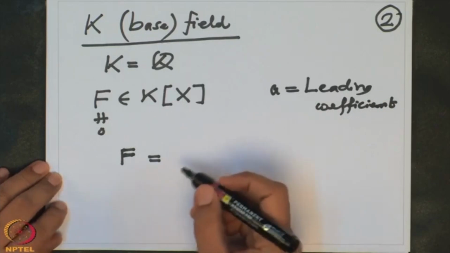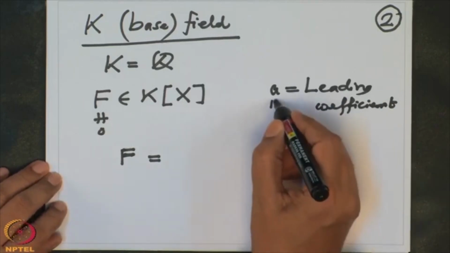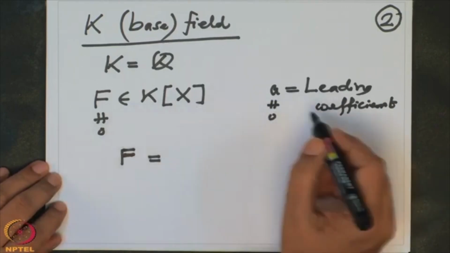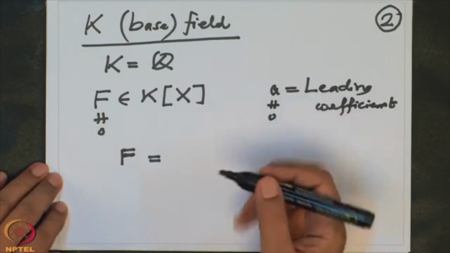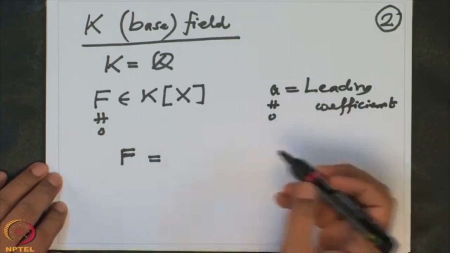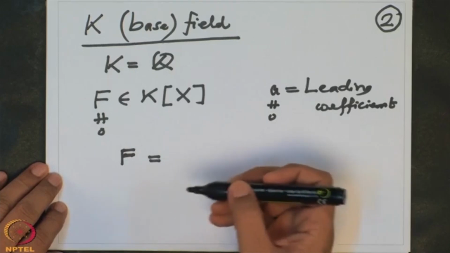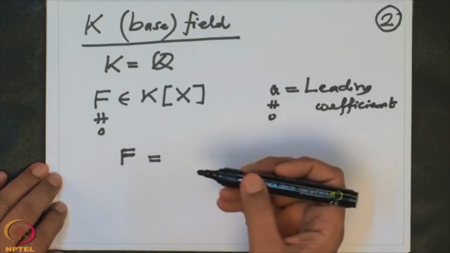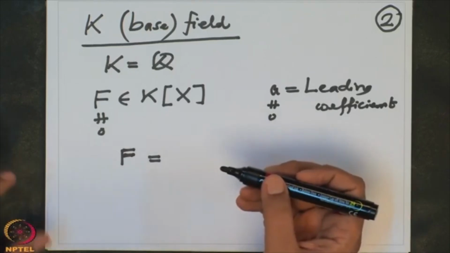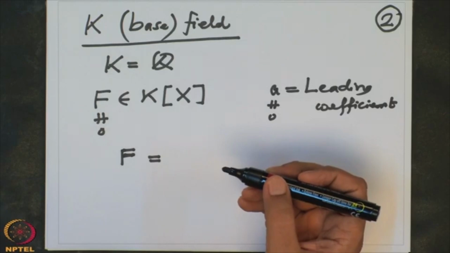Because I am in a field and this a is non-zero, because f is a non-zero polynomial, I can always take out a common factor.